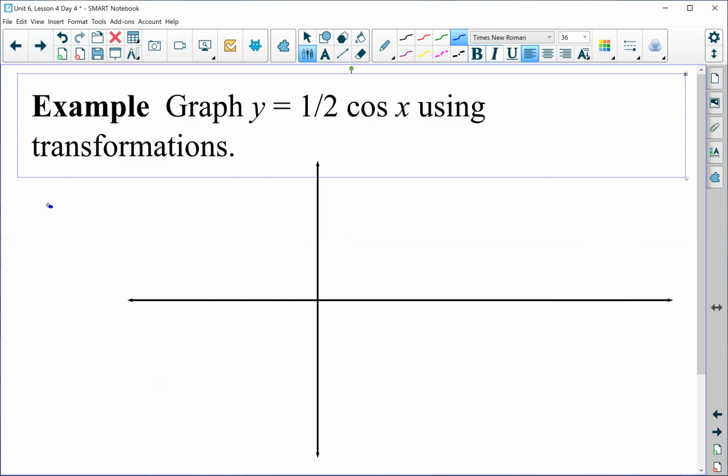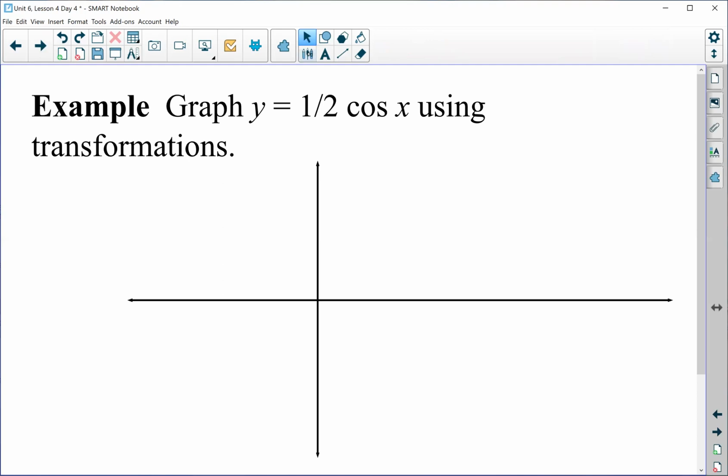Example 1, we're going to graph y equals 1/2 cosine x. So the only thing that changes here, we have a different amplitude. So instead of maxing out at 1, we're going to max out at 1/2. And the minimum value is going to be negative 1/2.